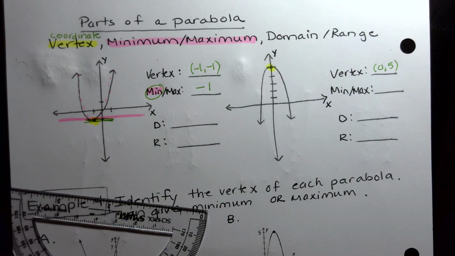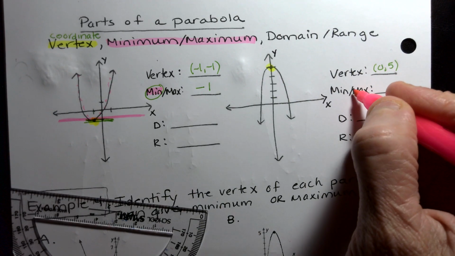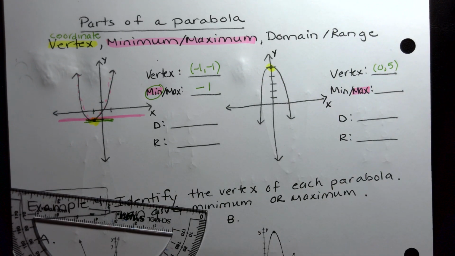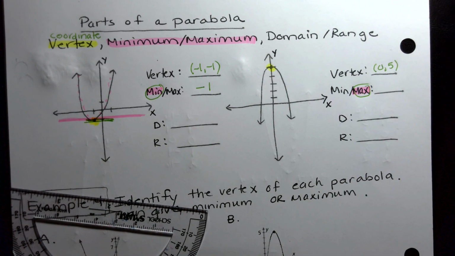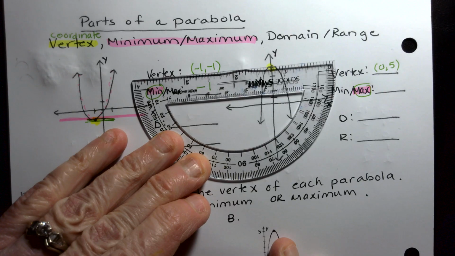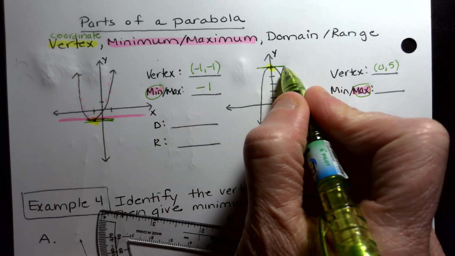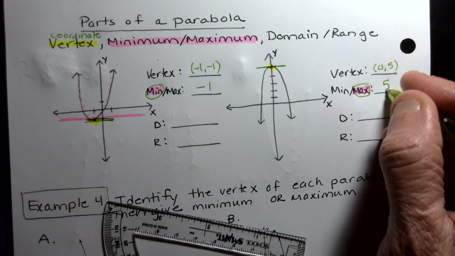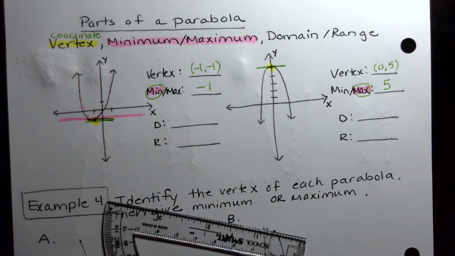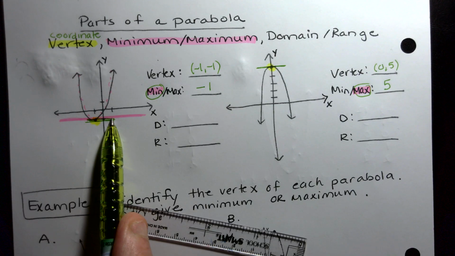Yes, it is the maximum. I hope you guys were saying maximum. It's the top of the graph. Now, what is the maximum? What's the number? Right there. It crosses right there. That's 5. But I don't put the coordinate again. I just put 5. I just put where it's hitting that y-axis if I were to extend a line over.